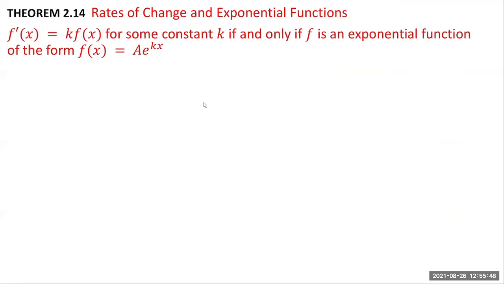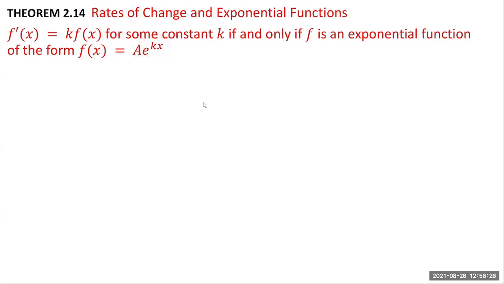Next we have this interesting theorem, Theorem 2.14, rates of change and exponential functions. f prime of x is equal to k times f of x for some constant k, if and only if f is an exponential function of the form f of x is equal to a times e to the power kx. What this theorem tells you is that if the derivative of a function is a constant multiple of the original function, then your original function should be of the form a times e to the power kx.